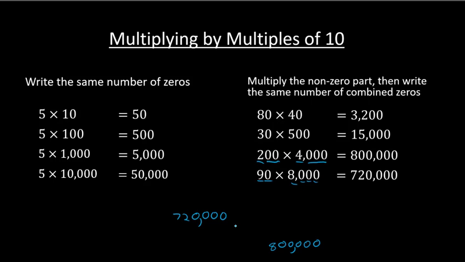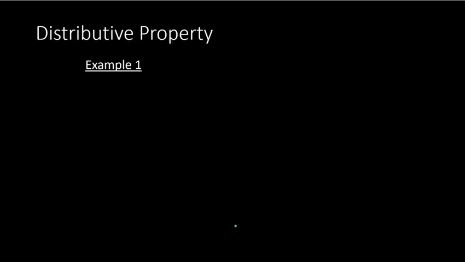And now we're going to work with what's called the distributive property. And the distributive property, we can use that idea of multiplying by multiples of 10 to do some more difficult type problems. So what if you were doing 4 times 37? Well, 37 does not end in 0 like the other problems. But what we can do is we can think of 37 as 30 plus 7.